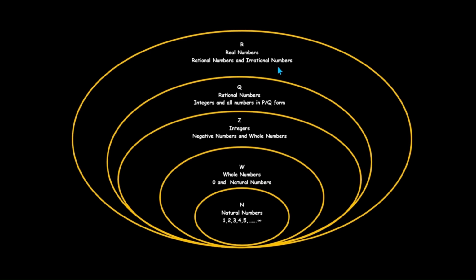And hence, the only examples that we have are the ones that we have taken a look at earlier in the video: the pi's, root 2's, root 3's, etc. And the values that we take for practical purposes, pi as 3.14 and root 2 as 1.414, are approximate values, not the real values, because irrational numbers cannot actually be represented in P by Q form, and their decimal expansion, or the division in simple terms, never ends.